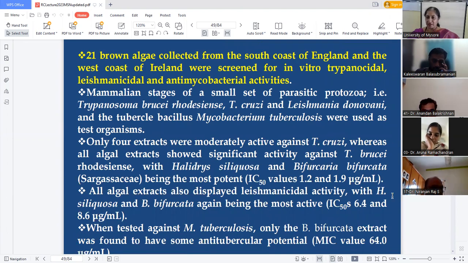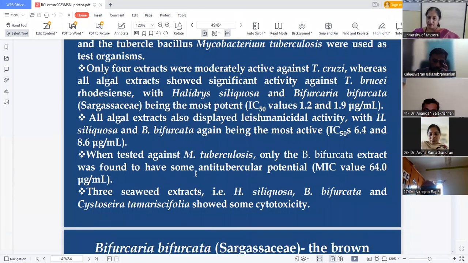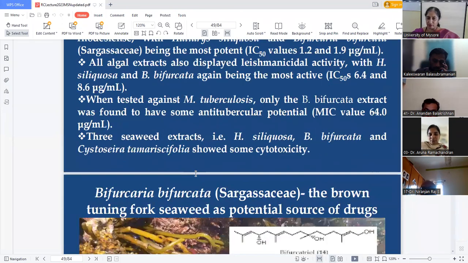And again, there are 2 of them, Halotris silicosa and Bifurcaria bifurcata, which belong to Dictyotaceae and Sargassinaceae, to be most potent with IC50 values of 1.2 and 1.9 microgram per ml. So this could be maybe in the next clinical trials, we don't know.